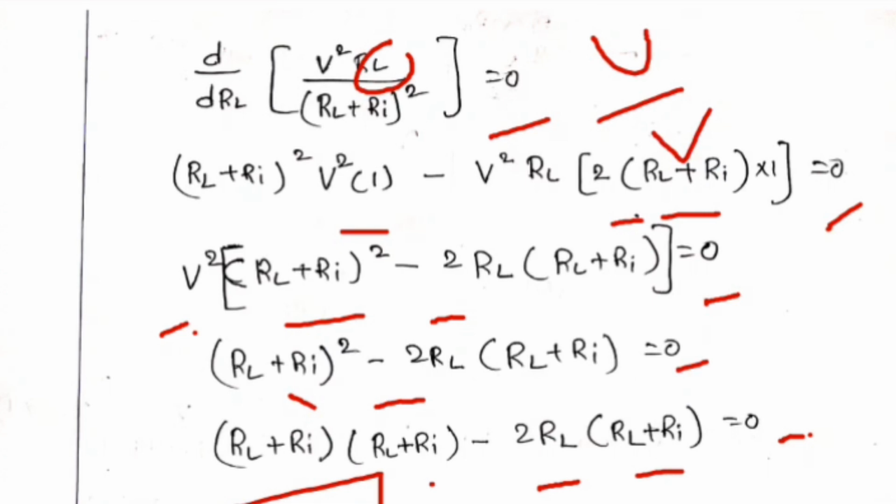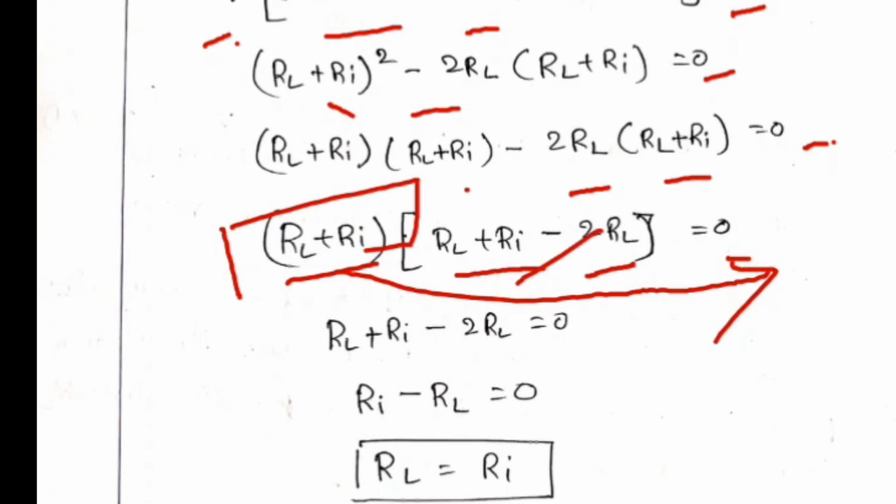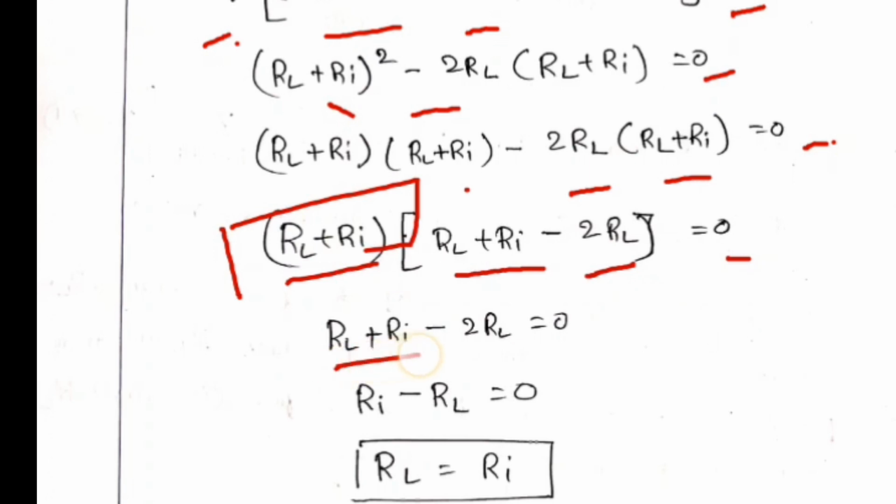Now if you send this to the RHS, from that, RI minus RL equal to 0. RL minus 2RL is minus RL, that is RI minus RL equal to 0 you will get. From this equation RL equal to RI. This is the required statement.